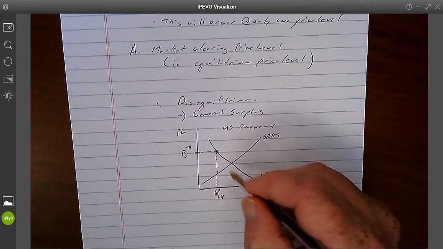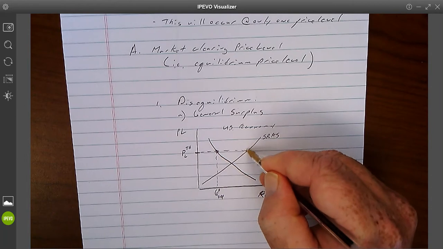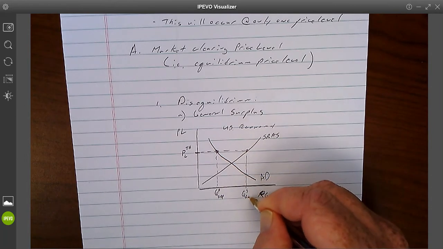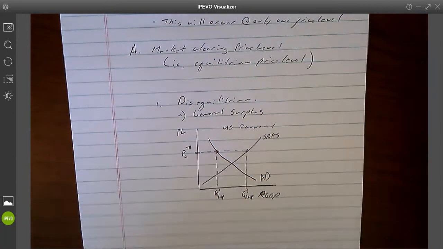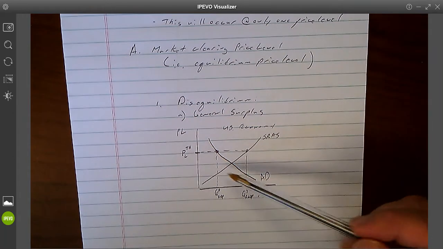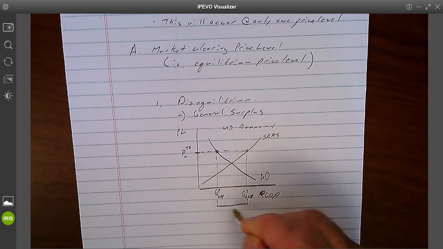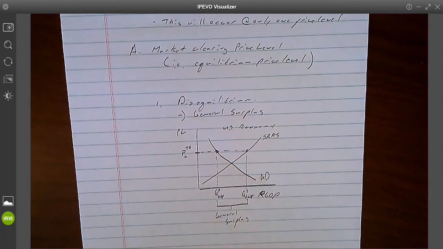And this would be our quantity supplied of real GDP in the short run. Which one's greater? The supply is greater than the demand. This is what we call a general surplus.